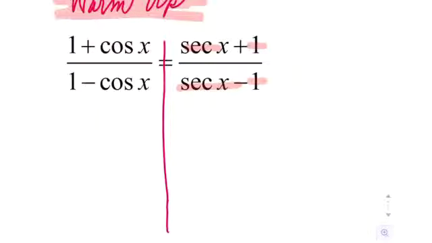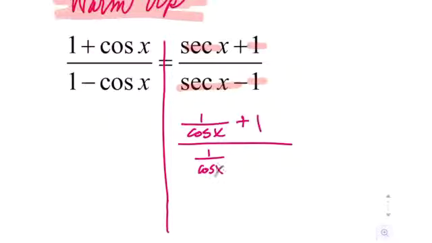Top left, top right, bottom left, bottom right. When you replace the secant in the top left, that top left position becomes 1 over cosine. The top right position is still plus 1. All over the bottom left position, which was secant, is now 1 over cosine, and the bottom right is still minus 1, okay? That's how you have to do it.